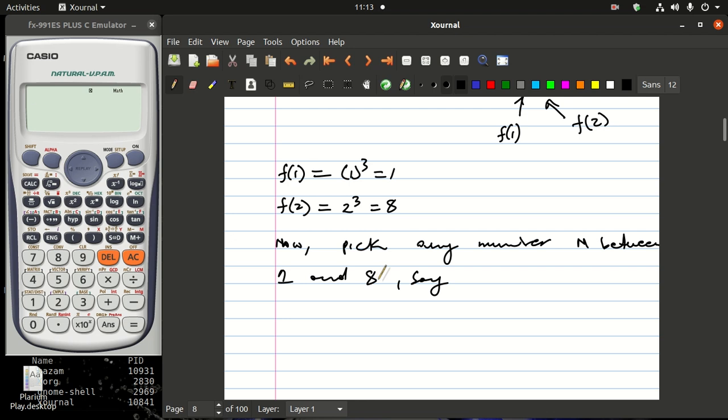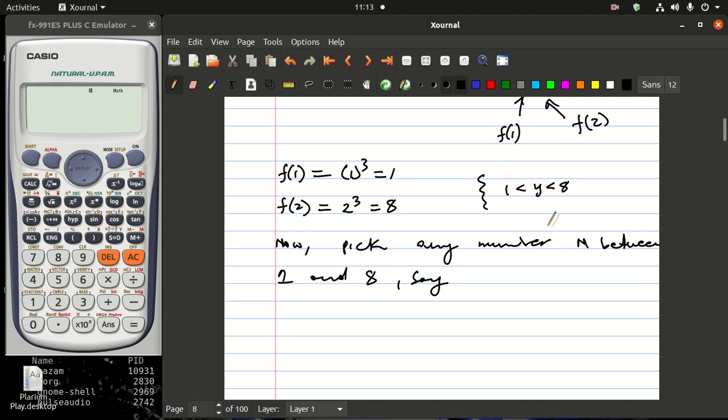If I were to pick 9, it is bigger than 8, so it's not between 1 and 8. So basically we want to pick a y value that is less than 8, and this number must be bigger than 1.